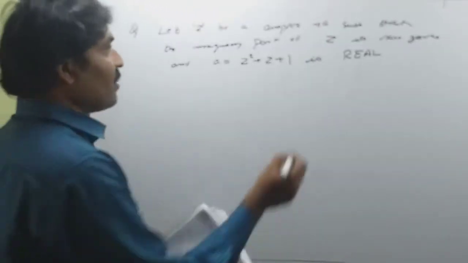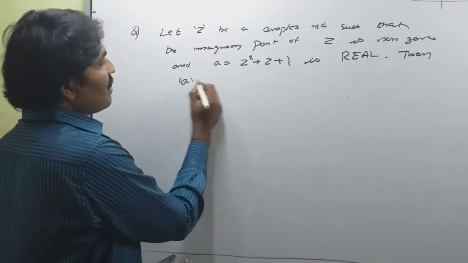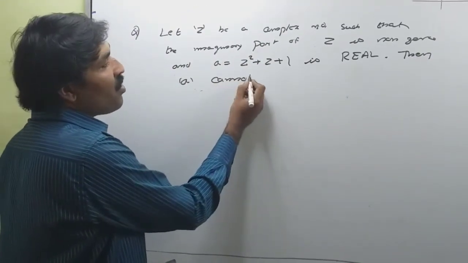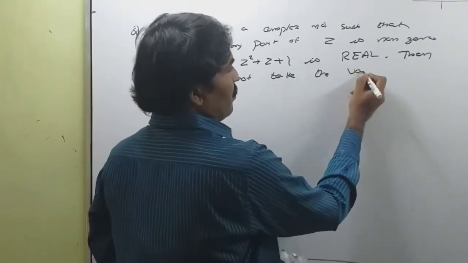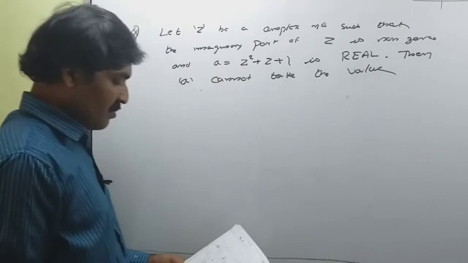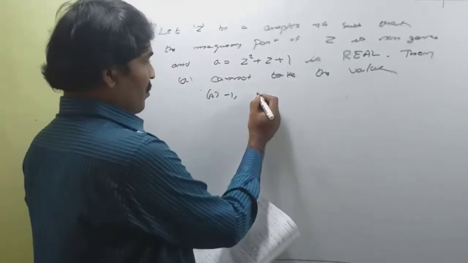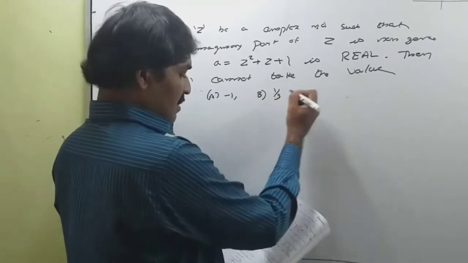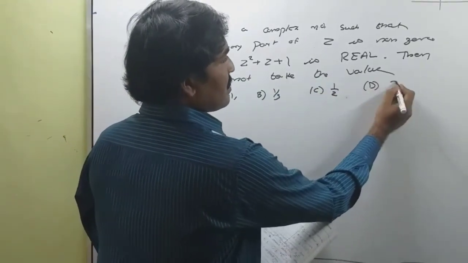Then a cannot take the value. Choices are given. A is minus 1, B is 1 by 3, C is 1 by 2 and D is 3 by 4.